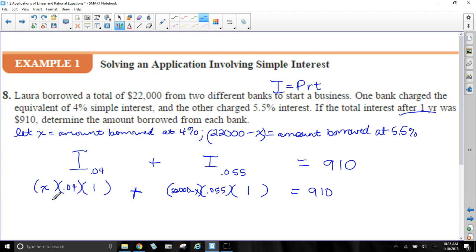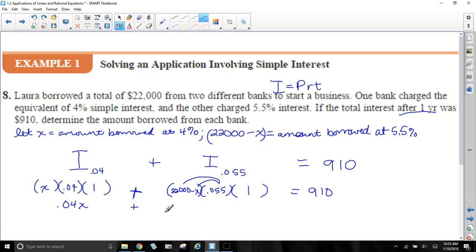We need to clean up each of these quantities. X times 0.04 times 1 is 0.04x. Bring down the plus sign. Okay, here we essentially have 0.055 being multiplied by that quantity, right?